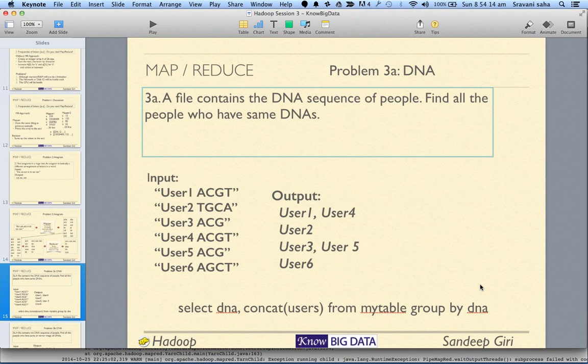So DNA as the key for sorting, which is done by Hadoop, and then let Hadoop do the grouping for you, and in the reduce you do not do any special work.